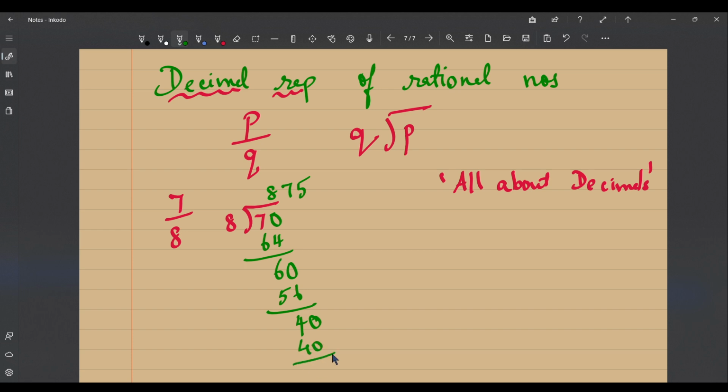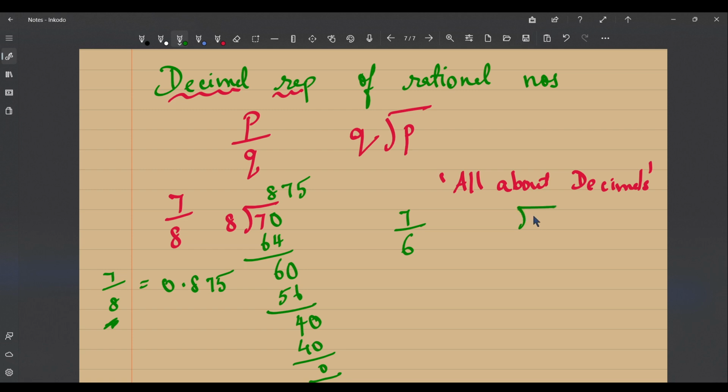So there is no more remainder now. The remainder is 0. So 7 by 8 can be expressed as 0.875. The decimal representation of this rational number 7 by 8 is 0.875.